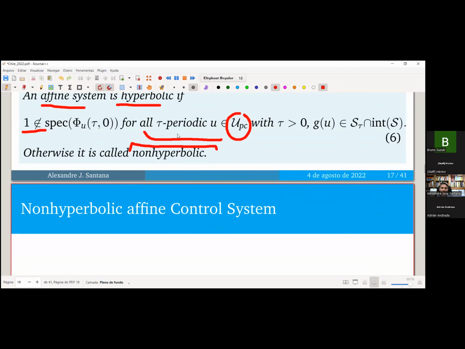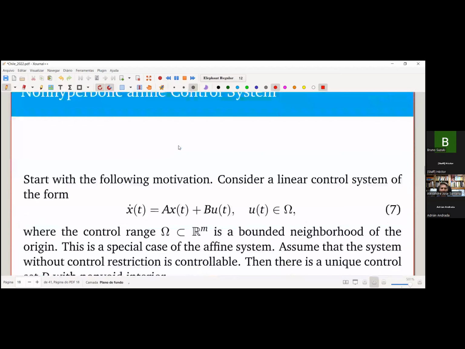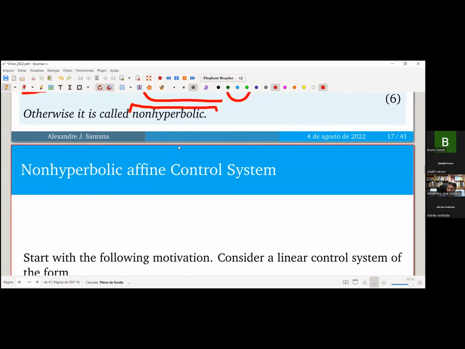The importance of this definition here is just to guarantee that such a system, for example x dot equal to Ax plus a plus u(Bx plus b), has an unbounded control set.